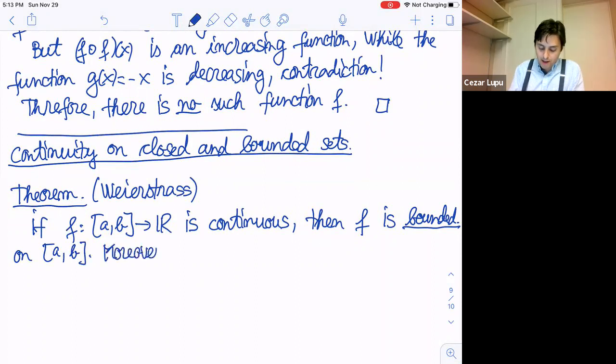But moreover, it doesn't happen just that. Something even more important is happening here: f attains its bounds.